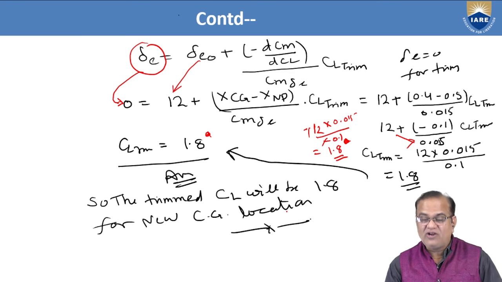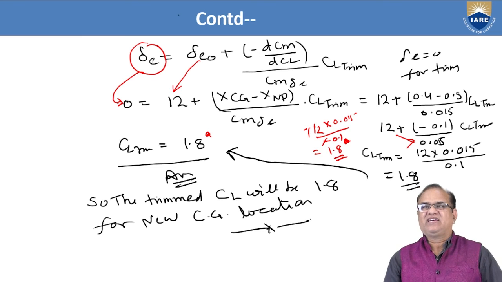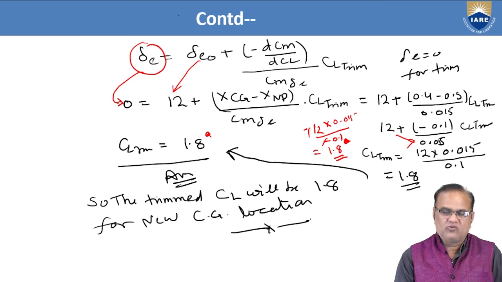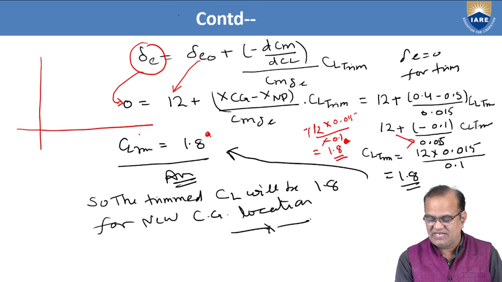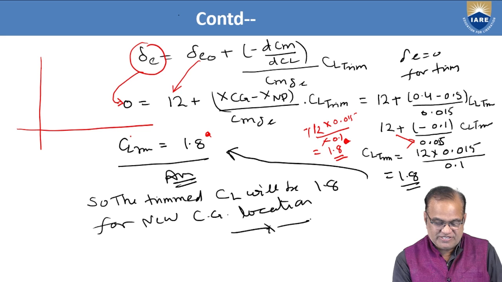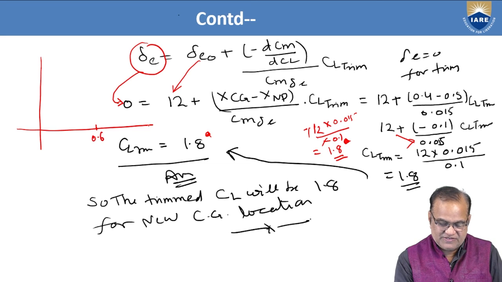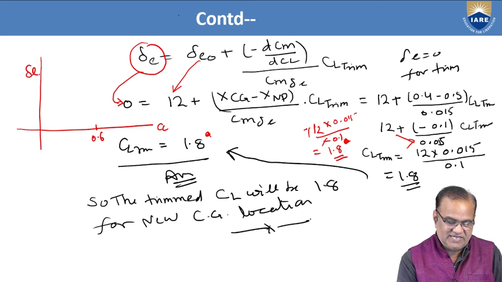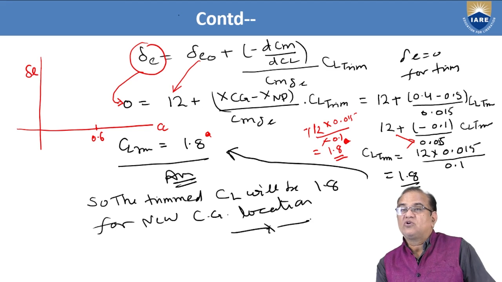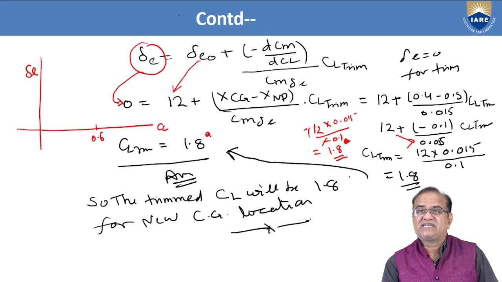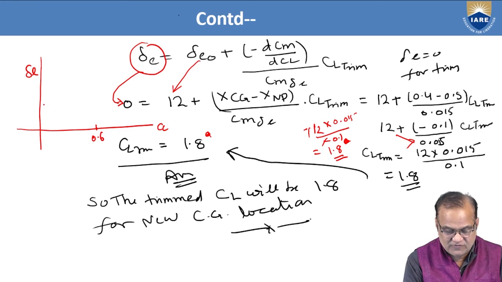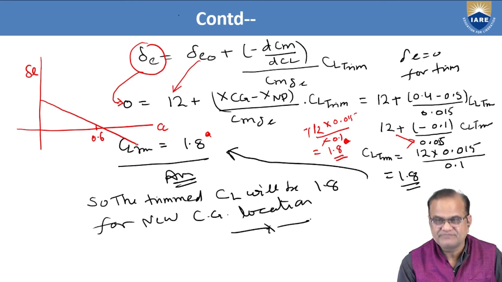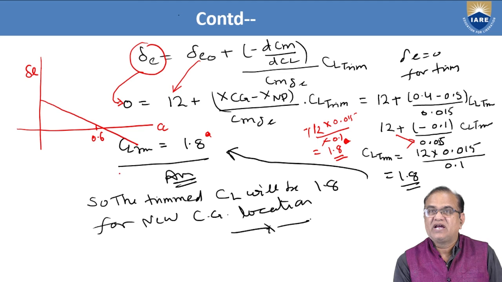So if I want to draw the plot for this condition, what will be the plot? Initially it was 0.6 CL and this is the delta E. So for this delta E, initially it was like this, but now the CM naught is the same.